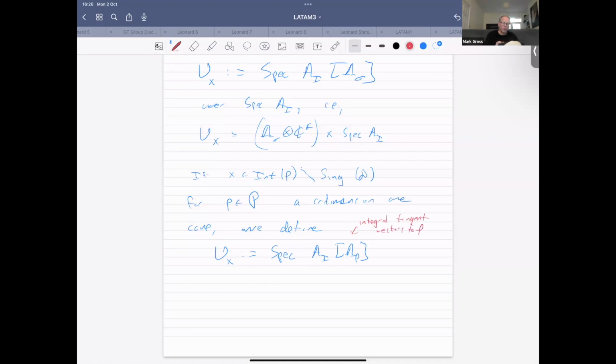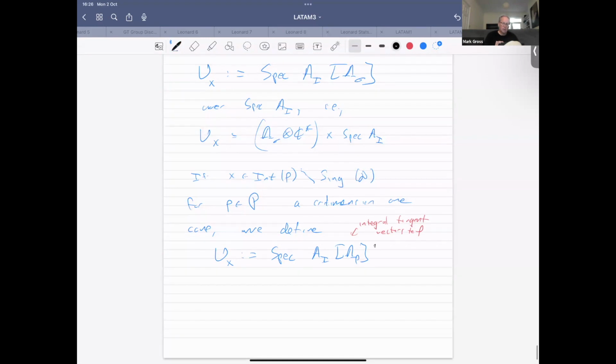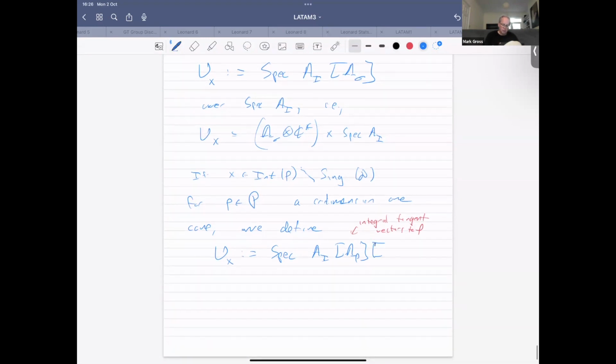And then I'm going to throw in variables z plus, z minus, but I'm going to define a relation between these variables, z plus times z minus equals f sub x. That was this f sub x defined a little bit earlier.